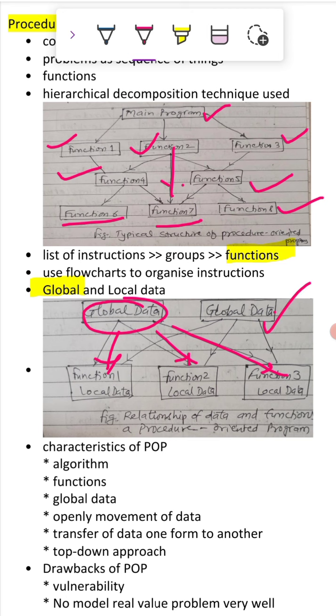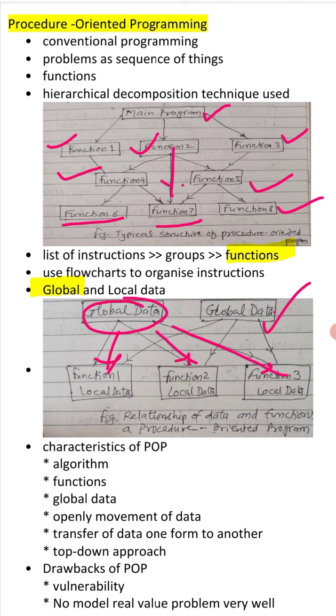And this is another global data. And each function may have its own local data also. So this diagram represents the relationship of data and functions in a procedure oriented program.